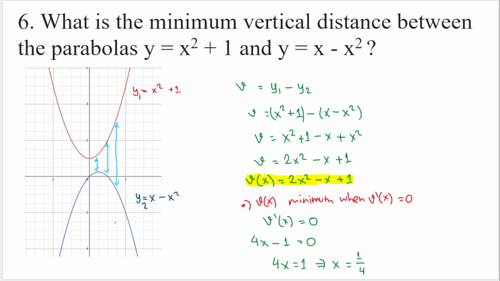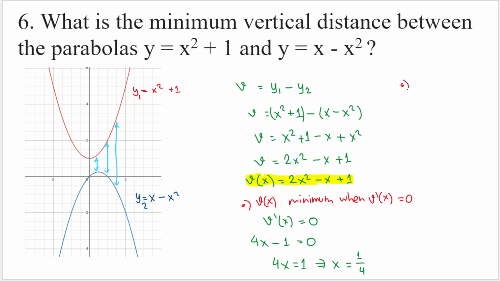Yeah, that is logical because 1 over 4 is near here, right? At this point, okay? But the question is the minimum vertical distance. So the value of v of x when x is equal to 1 over 4.